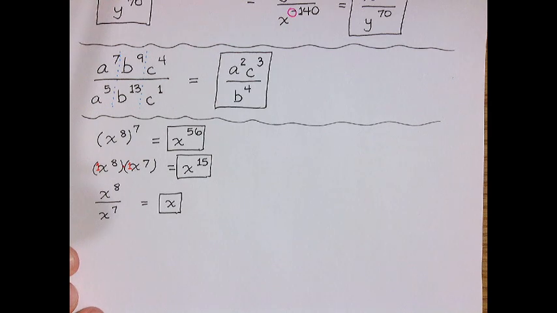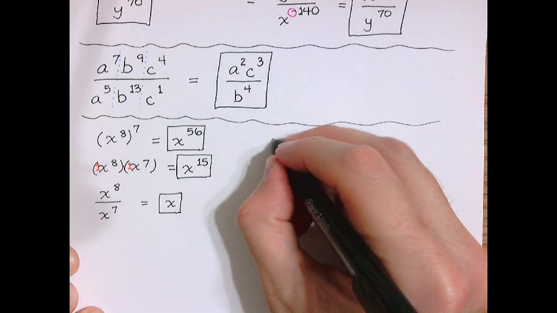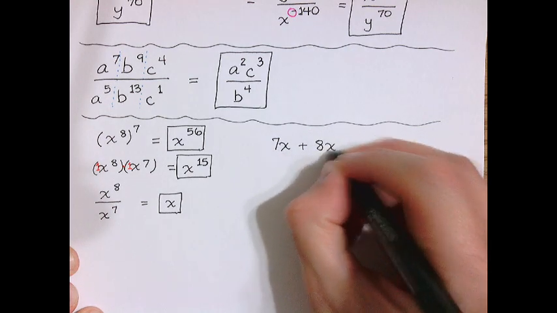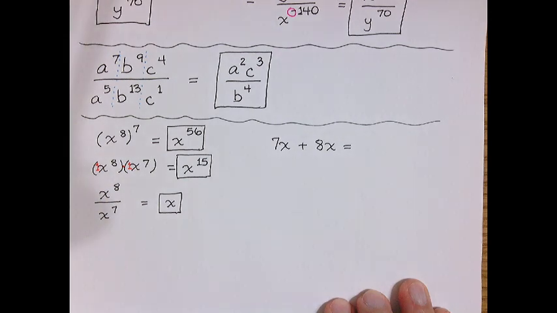But we've got to make sure we understand where the numbers are and what their meanings are. So if I say 7x plus 8x, right? And this is really old school. So 7x plus 8x.